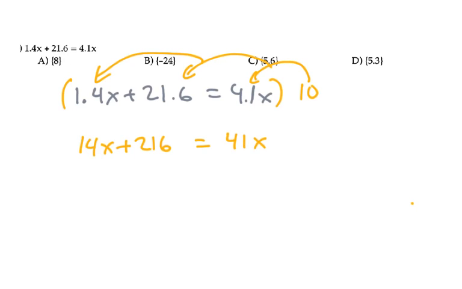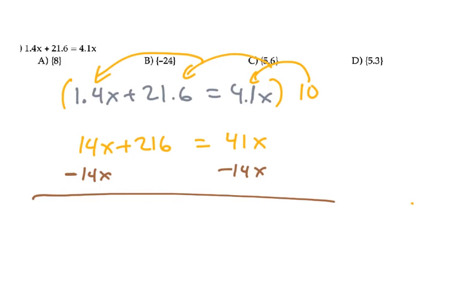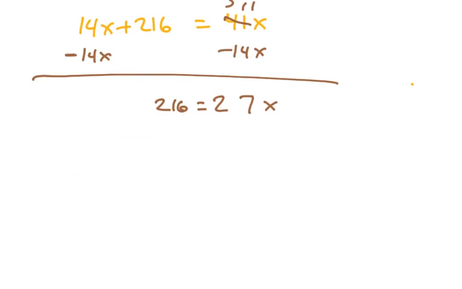Why play with decimals if you don't have to? So what do we do here? So this looks a little strange, but we're going to subtract 14x to combine our x's. And to finish this off, we're going to divide by 27.